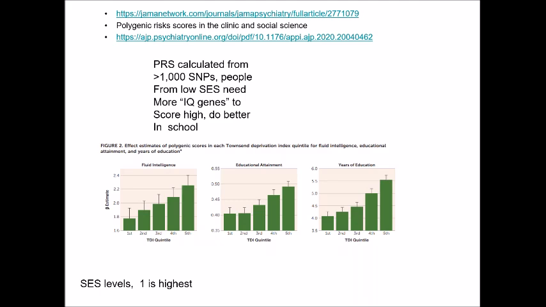But in any case, when they actually looked at it, they found the opposite: among poor people, they had more of the PRSs for IQ than did the rich people. Well, how would that be? Well, if you're a dumb rich kid, you have an enriched environment that kind of helps you along. You don't need a big PRS for IQ. So it might be the opposite of what genetically obsessed people might think.